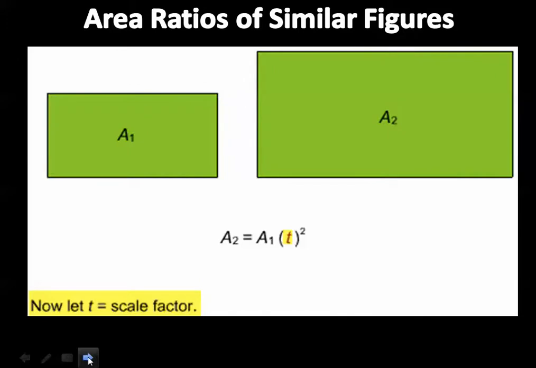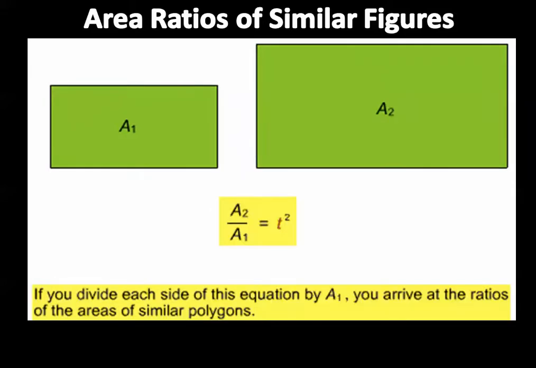Now we can replace the words scale factor with the letter t. If we don't know something, we've always replaced it with an x. Well, here we're replacing the words scale factor with a t, because we're simplifying our formula. So if you divide each side of the equation by A1, you have a ratio of the areas.